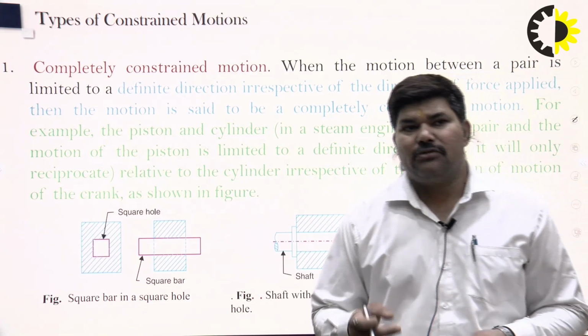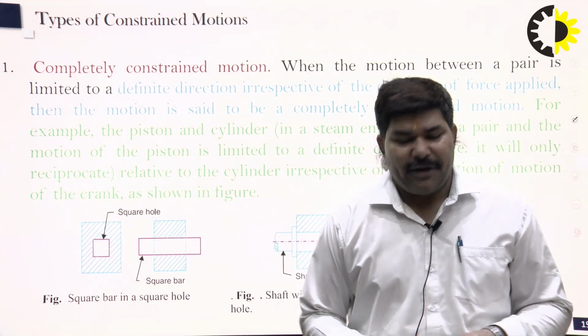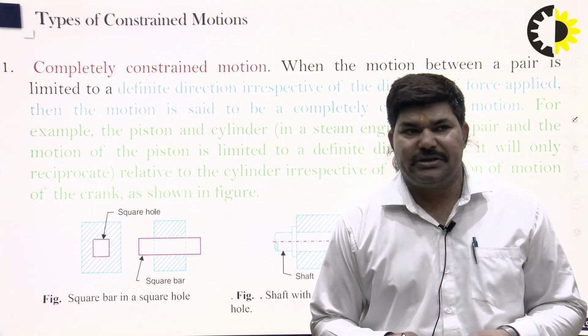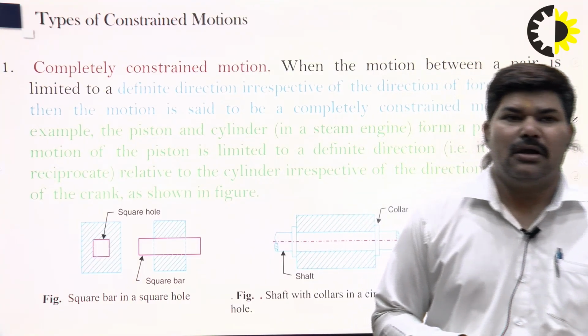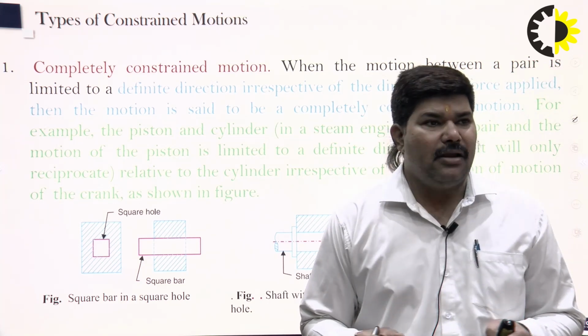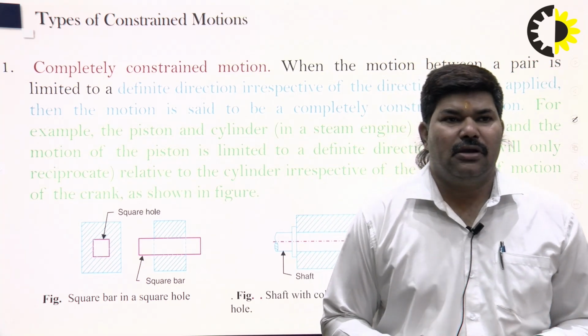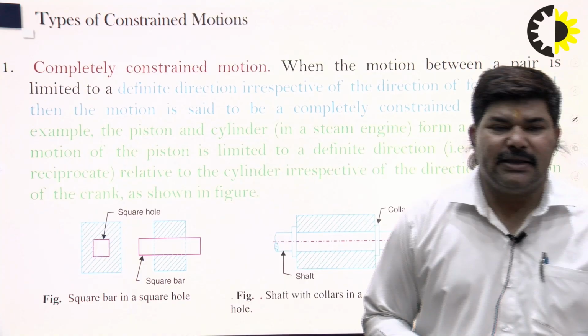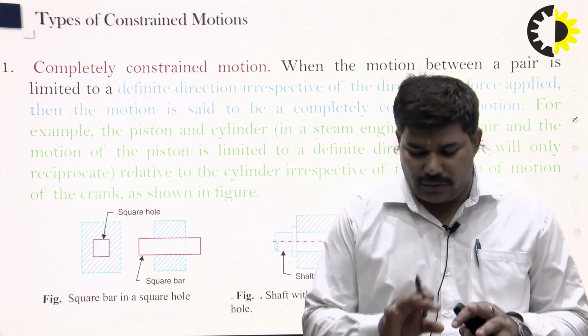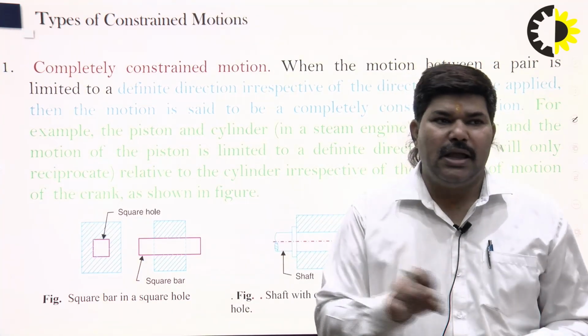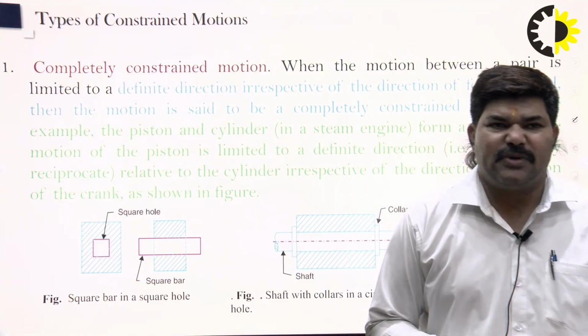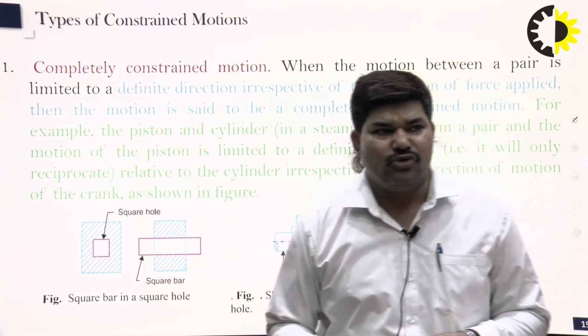For example, the piston and cylinder in a steam engine form a pair, and the motion of the piston is limited to reciprocating motion relative to the cylinder, irrespective of the direction of the motion of the crank.